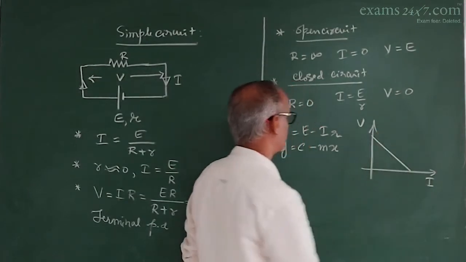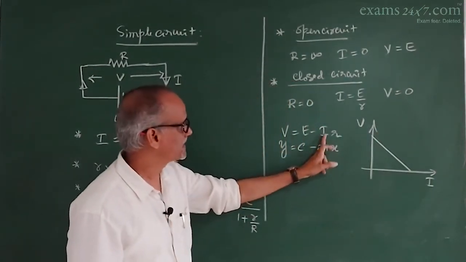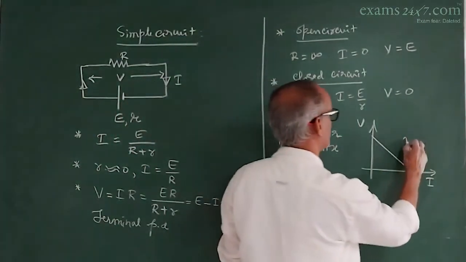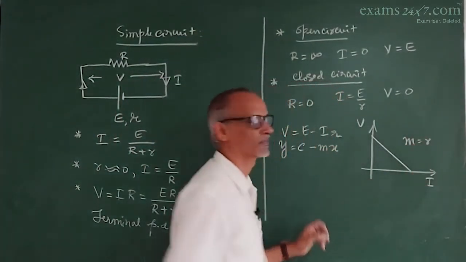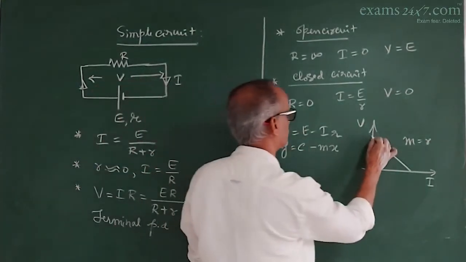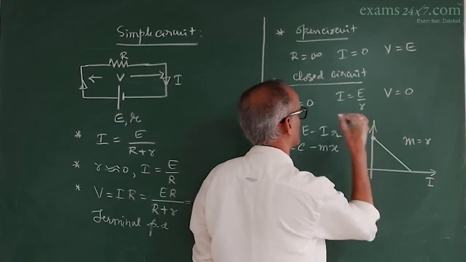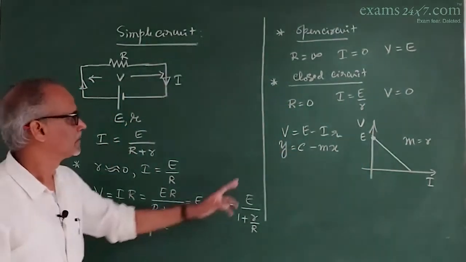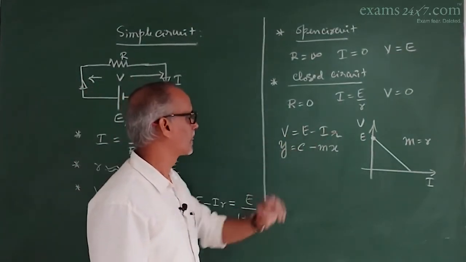So this is the kind of graph that we get. So here x is I. So therefore the value of the slope is equal to the internal resistance, so m is equal to r. And the value of the y-intercept here is E. So that is the kind of graph that we get when we draw V versus I.